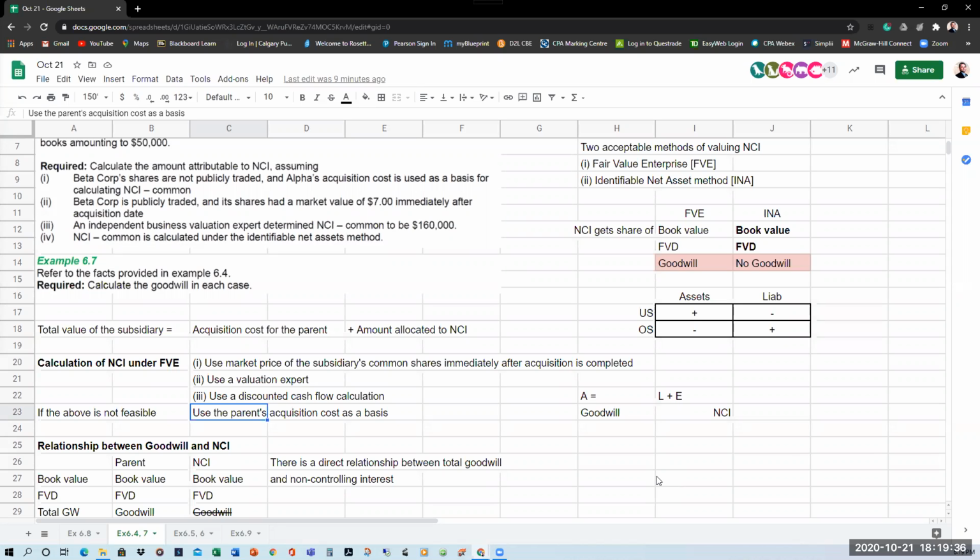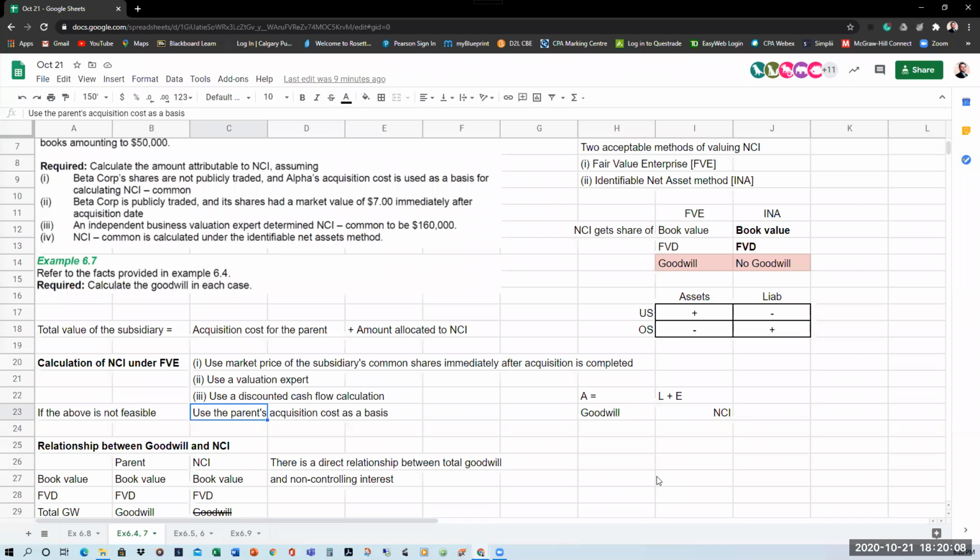So you can extrapolate, based on the parent's acquisition cost, the value of 100% of the subsidiary, and then allocate the difference between what the parent paid for their share and what the total implied value is to non-controlling interest.